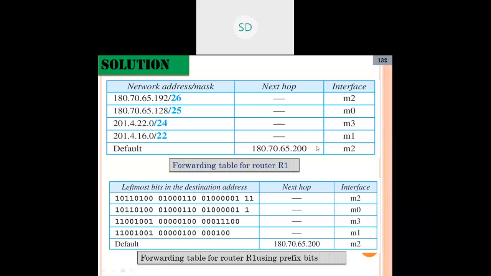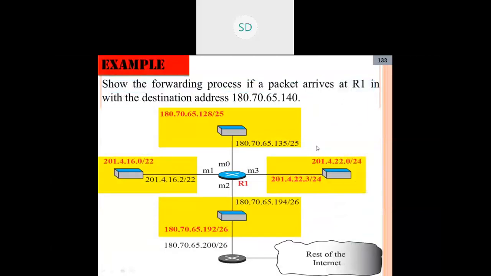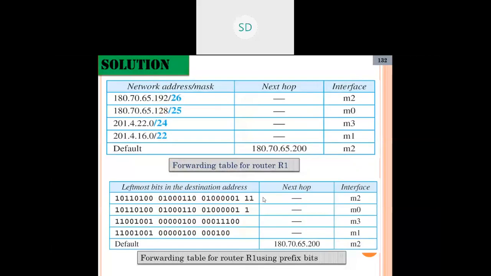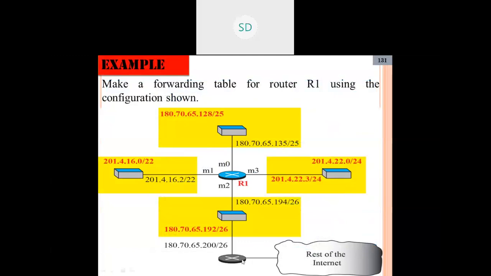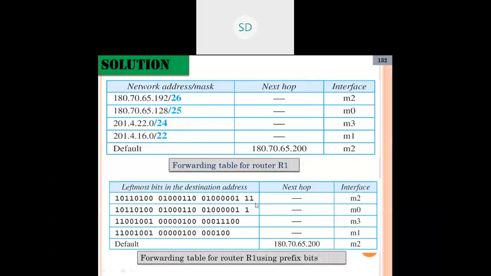The default is the address you can check over here. This is the main router connected to the rest of the internet, 180.70.65.200. This is the default router. If none of the entries match the particular address, the default router will be selected.